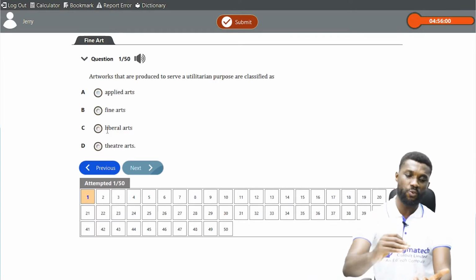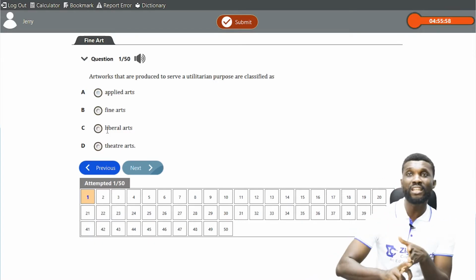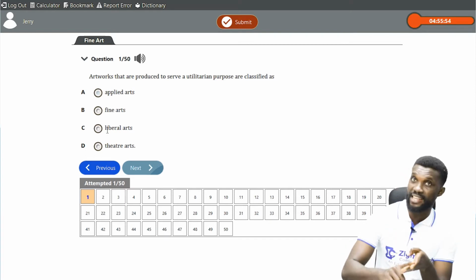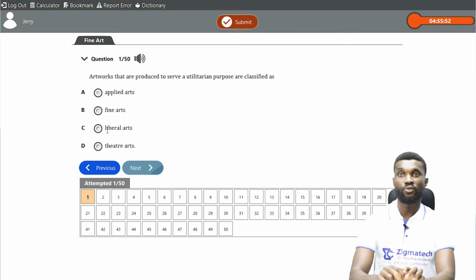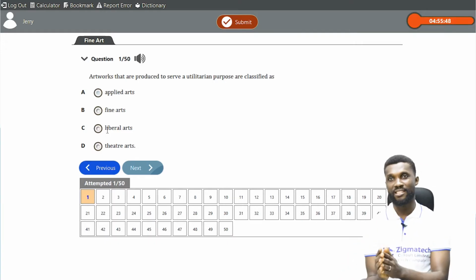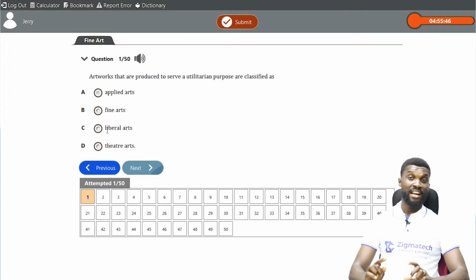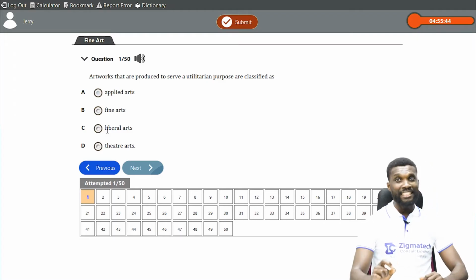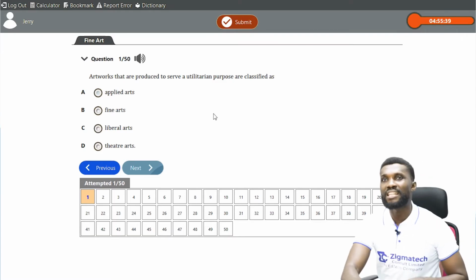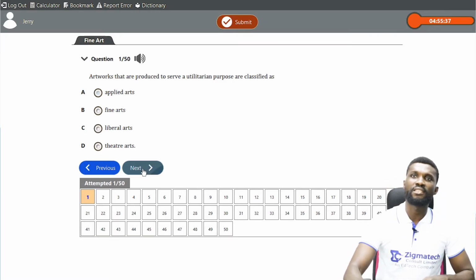So under applied art, we have textile, photography, ceramics, architecture, graphics, to mention but a few. Having explained this, I want to believe you got the real reason why the answer is applied art. So the answer for question number 1 is applied art.